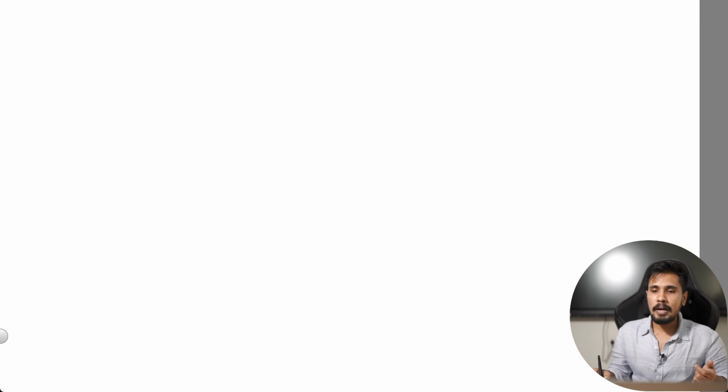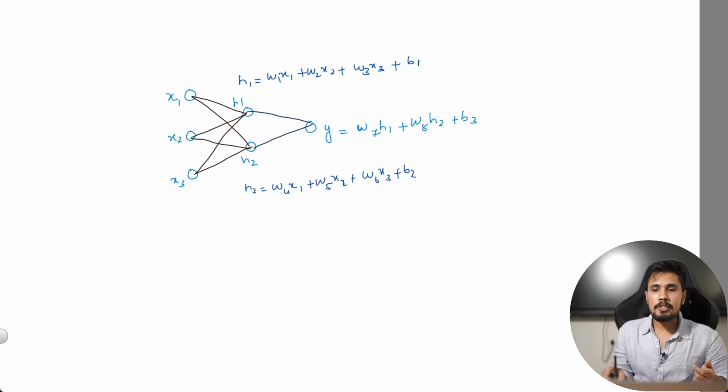If you look back at this simple neural network, we are allocating weights like w1 x1, w2 x2. How we know whether these are the right weights or not is with the help of the loss function.